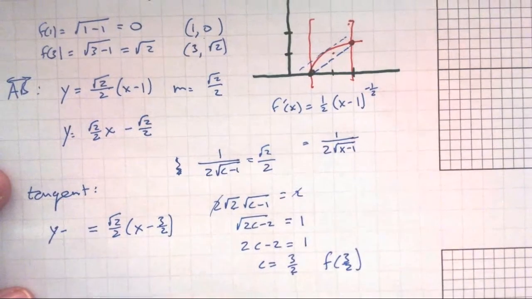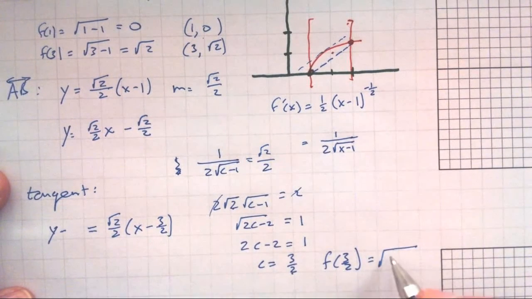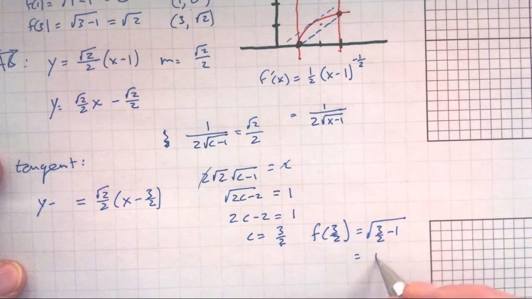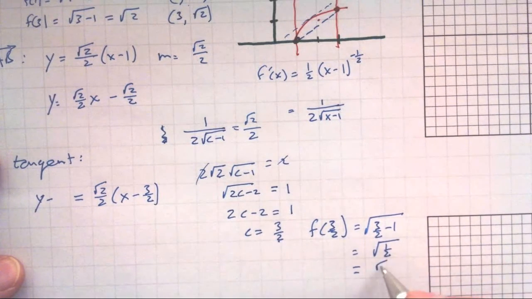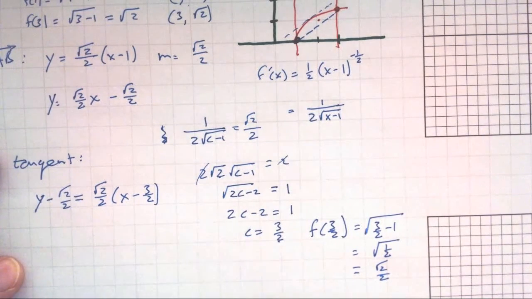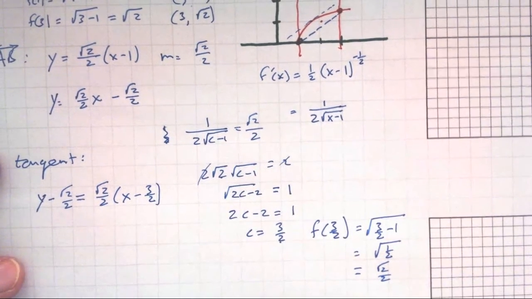So f of 3/2 is square root of 3/2 minus 1, or square root of 1/2, or root 2 on 2. So there's our tangent line.